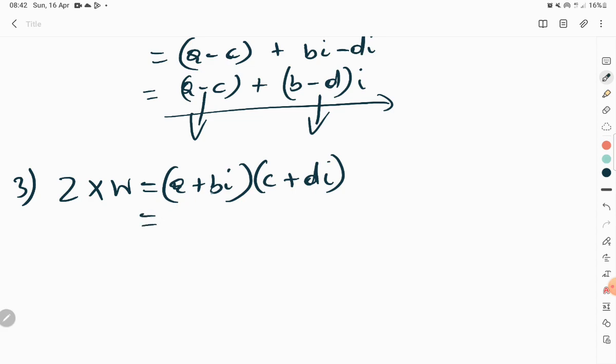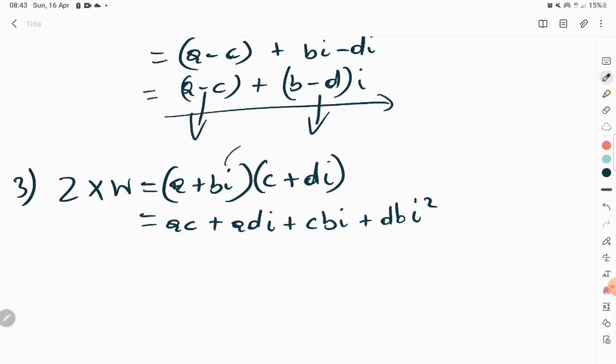A times c is going to be ac, then plus adi, then plus cbi, then we now have plus dbi squared.